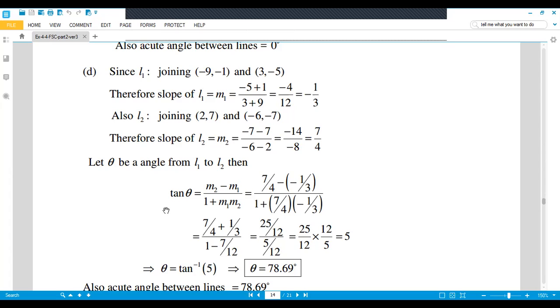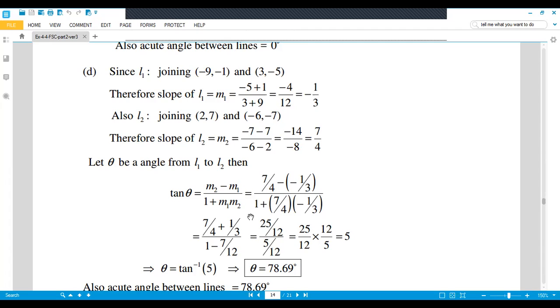So what will we do? We shift tan to the other side, that will be tan inverse 5. You will find it from your calculator, shift tan and then 5. So you will get theta equal to 78.69 degrees. So this is the angle between L1 and L2.